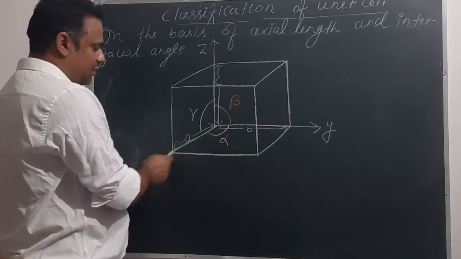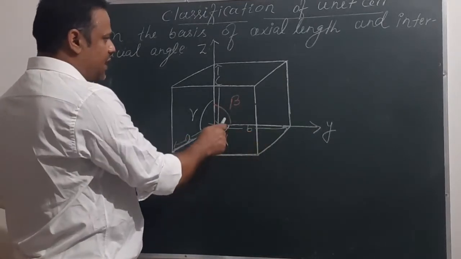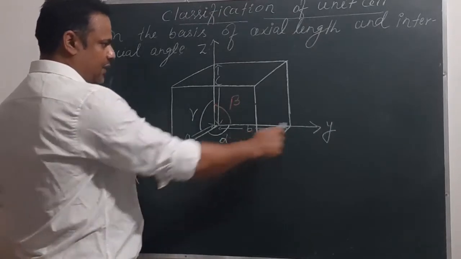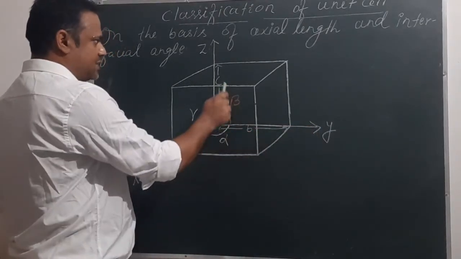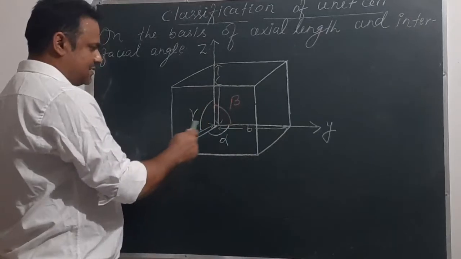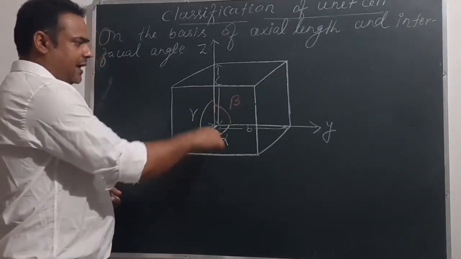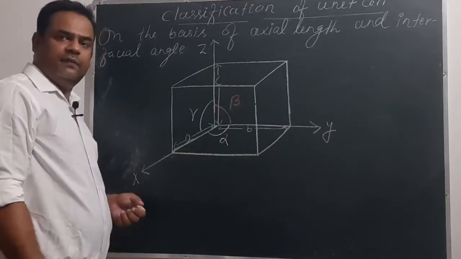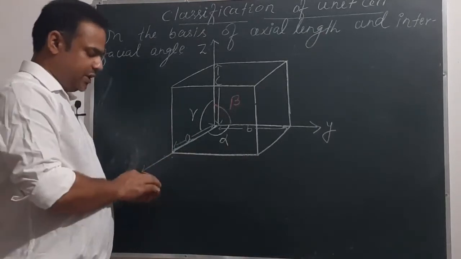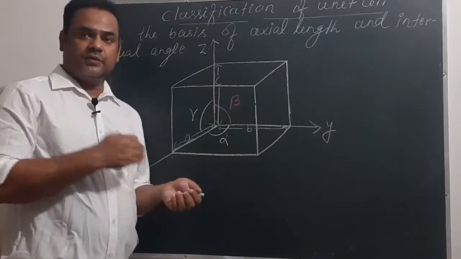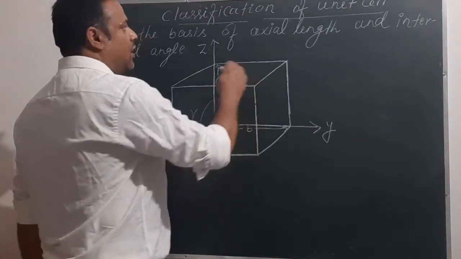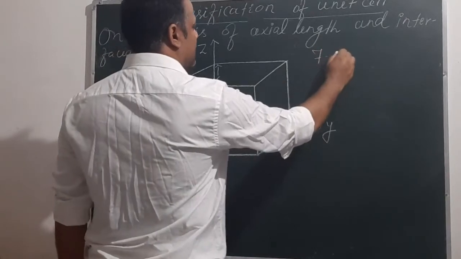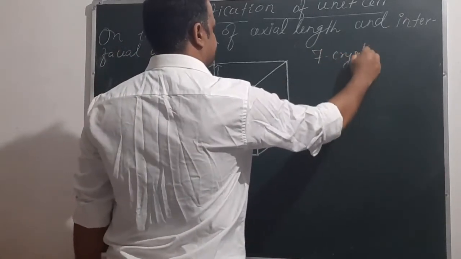Axial length is along x-axis A, along y-axis B, along z-axis C, and the angle along x and y axis is alpha, along y and z axis beta, along x and z axis gamma. On the basis of these 6 parameters, any crystal is divided into 7 crystal systems.